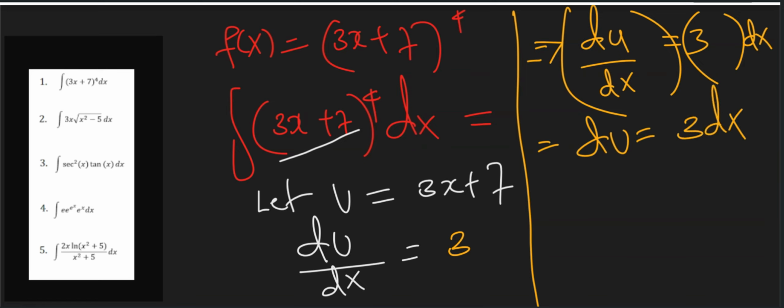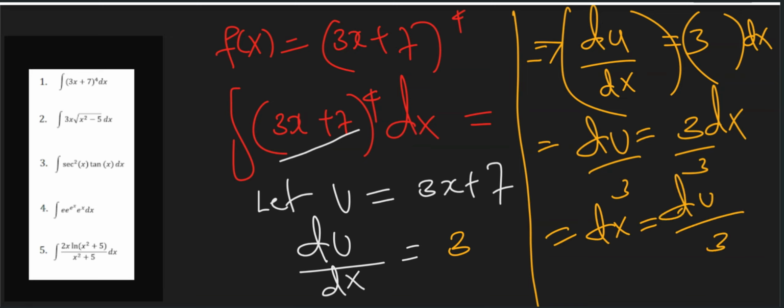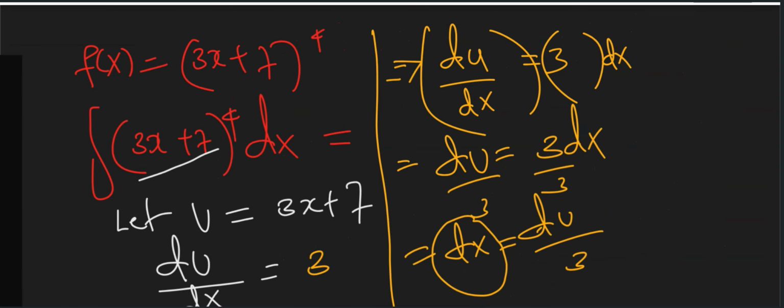We want to be left with dx alone. Divide by 3. This implies that dx equals du over 3. So we already have a replacement here. Let's go back to what we have in the question.